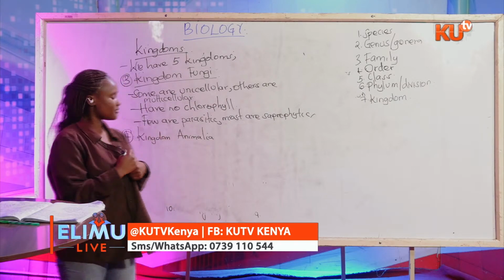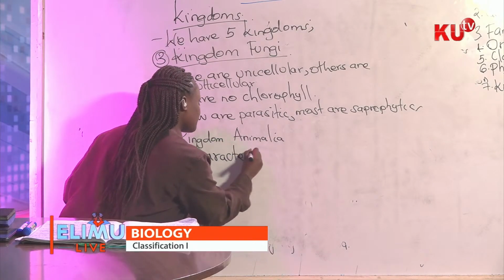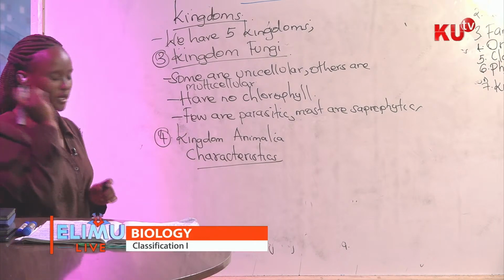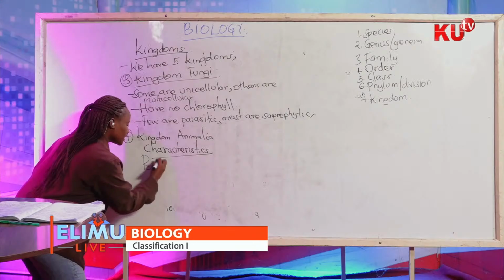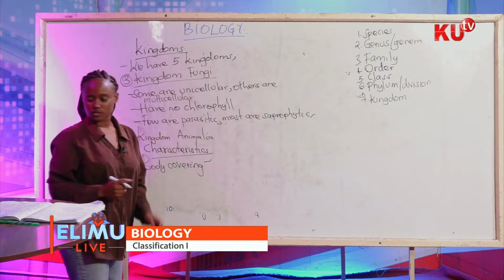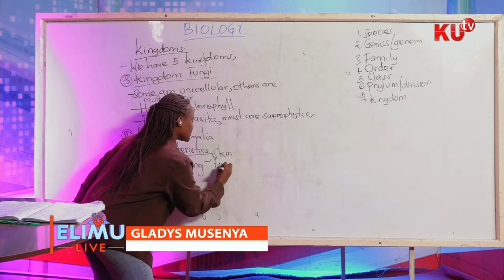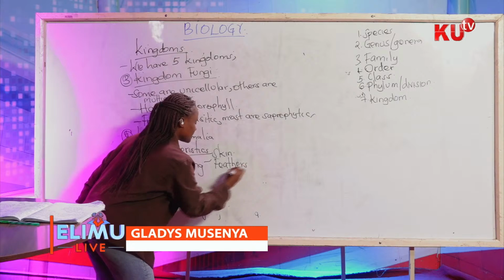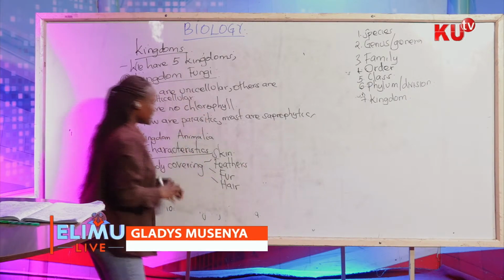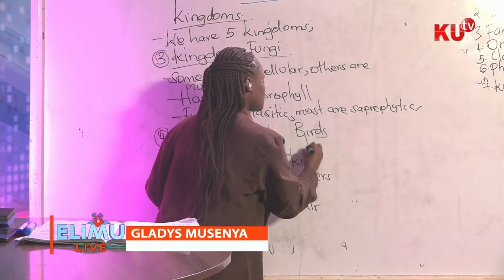When you're looking at the characteristics in Kingdom Animalia, we have to look at the body covering, which includes the skin. It can be covered by the skin. We have feathers, we have fur, we have hair. In Animalia, that means we have birds, we have human beings.